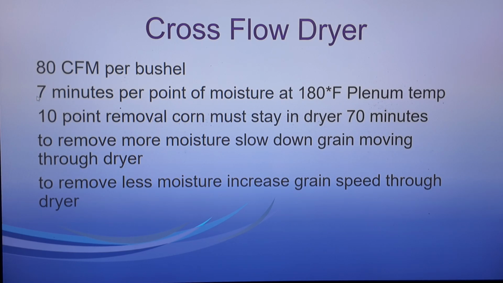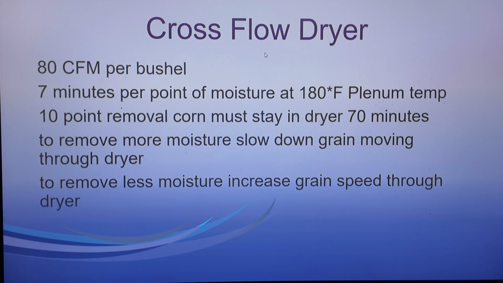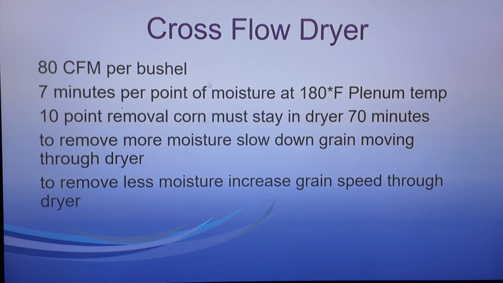That's a fairly stable number. 10-point removal corn is going to need to stay in that 80 CFMs of airflow at 180 degrees for 70 minutes. So if it's a continuous flow dryer, the grain's going to have to be moving at the speed so that it takes 70 minutes for the grain to get from the top of the dryer down to the bottom of the dryer.